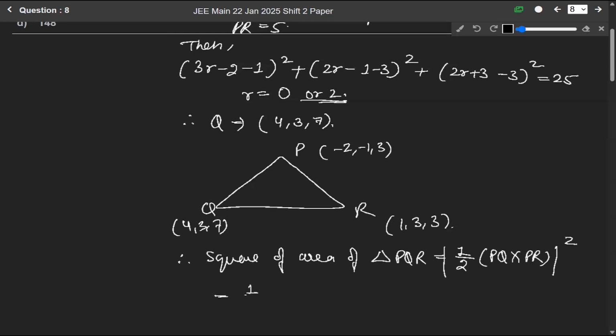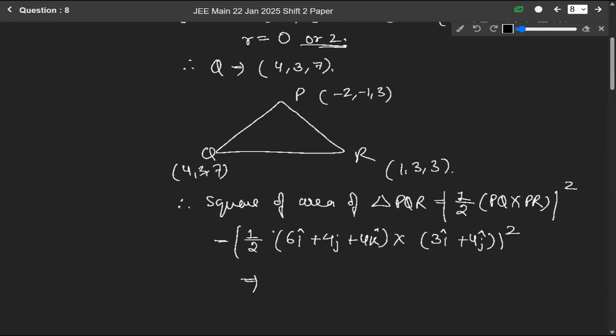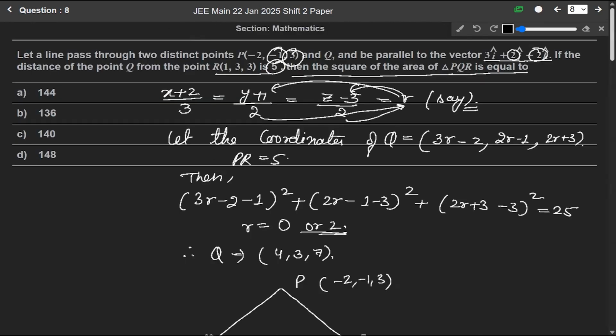So it will be equal to 1 by 2 of (6i cap plus 4j cap plus 4k cap) into (3i cap plus 4j cap), and this is whole square. Okay. So when we solve it, we get minus of (8i cap plus 6j cap plus 6k cap) whole square, which is equal to 136. So our answer is 136, which means option B is the correct answer.